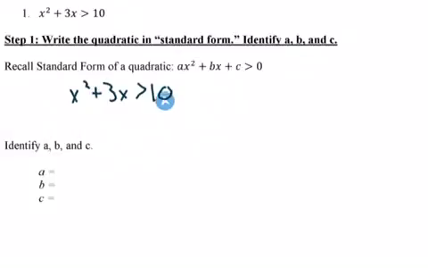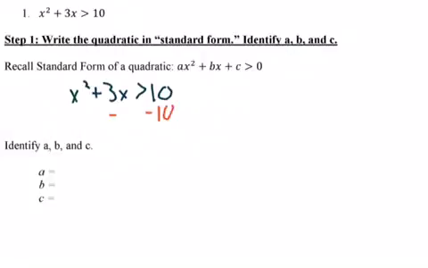Now I need to get this 10 to the other side, because you can see that all of my terms need to be on one side. Remember, this is how it needs to look when I am solving quadratics by factoring. So I subtract 10 from both sides.